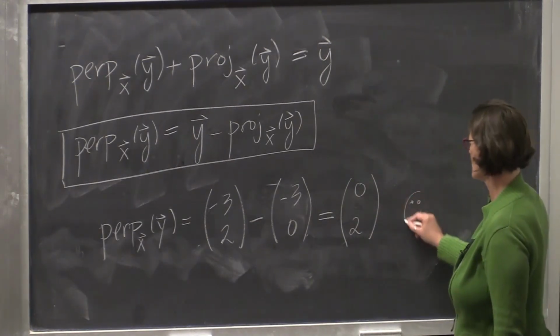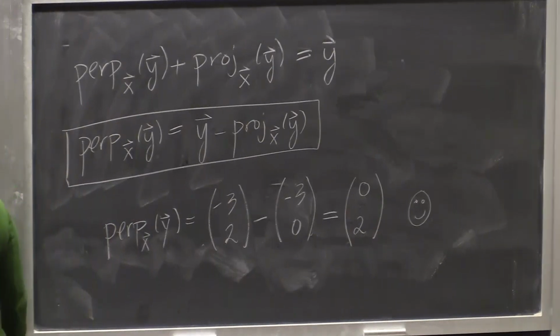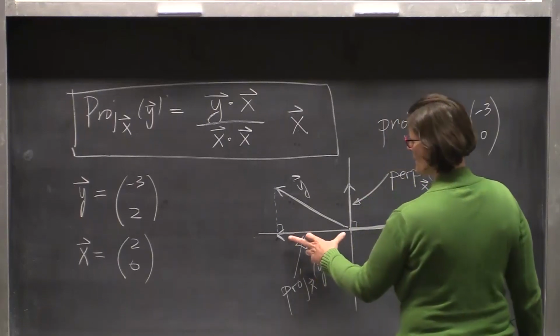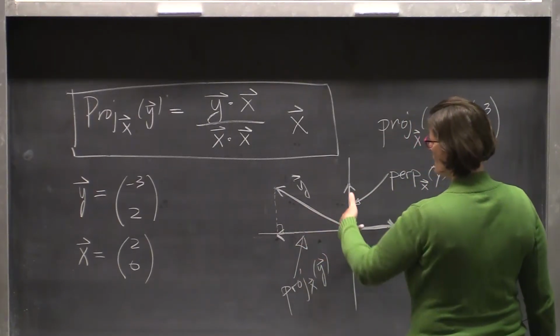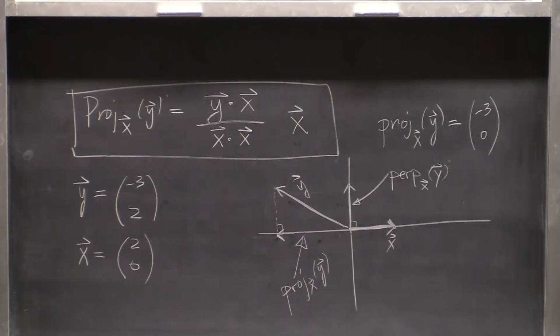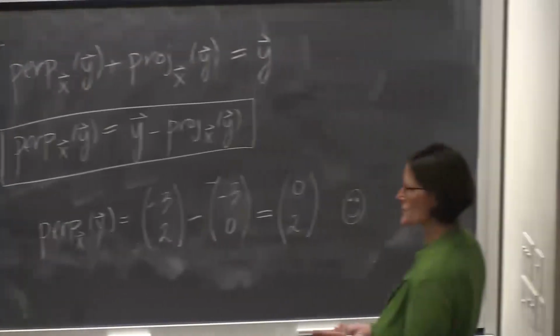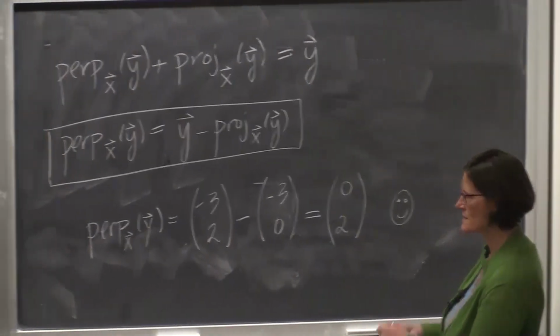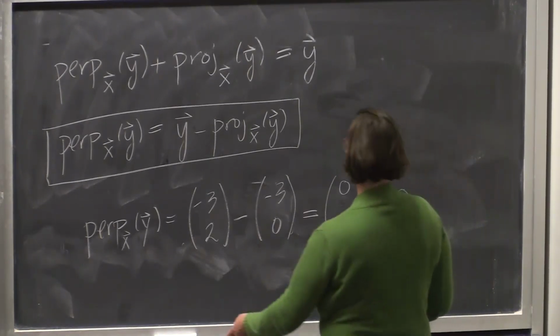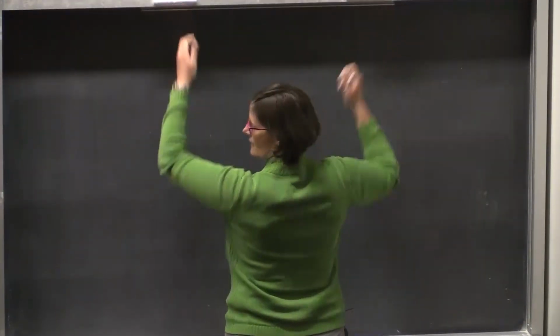And that makes us happy, because if I had done this on the first day of class, you would have said that this vector is the sum of the vector -3, 0 and the vector 0, 2. So if you are given a vector y and you want to project it onto x, you can do that with dot products. If you want the perpendicular component, you just subtract the projection from the original vector. So an example.